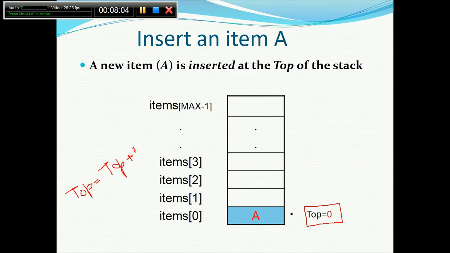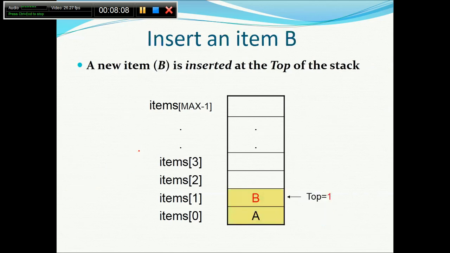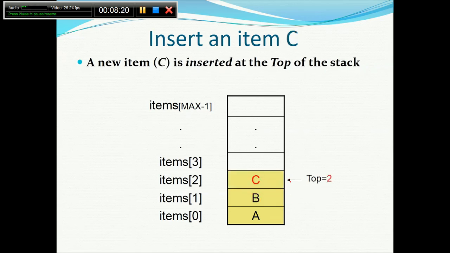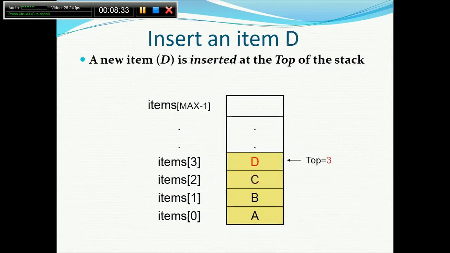So top becomes 1, and we can insert an element at 1. If we want to add one more element, again top is equal to top plus 1. The top will start pointing to this index, and we can add the element. One more time, top is equal to top plus 1. We just add one to the top so it points to the next free index, and then we add that element.